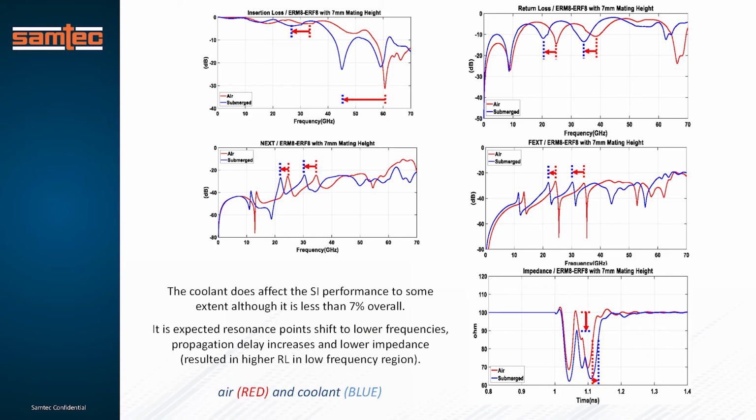What's causing this is what was mentioned earlier about changing the air cavities inside the connectors. The same connector we were testing in the previous slides is shown in these images on the right. The blue areas are the air cavities, which were changed from the air dielectric of 1 to the immersion cooling liquid dielectric of 2.1.